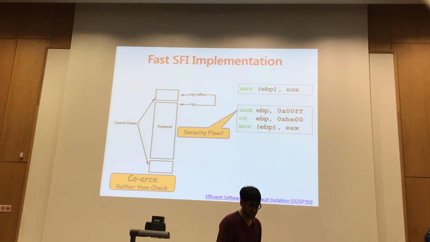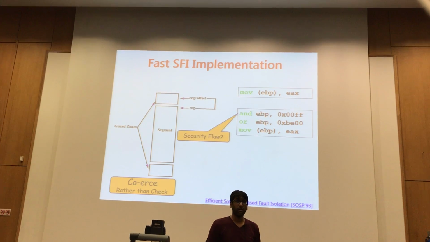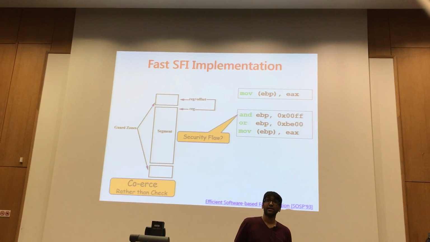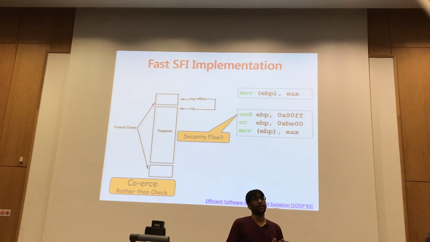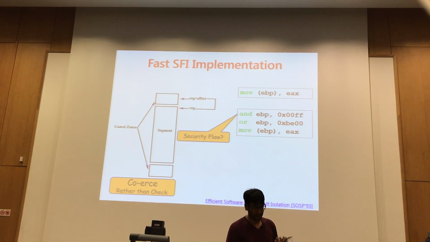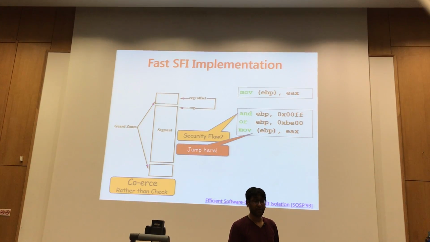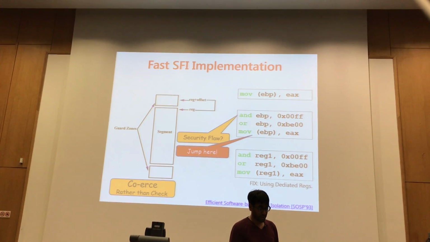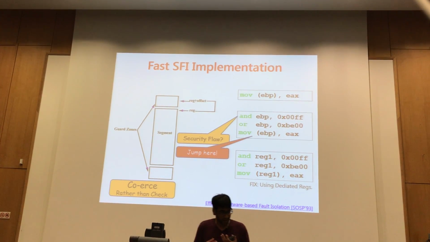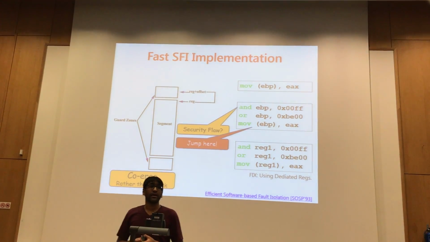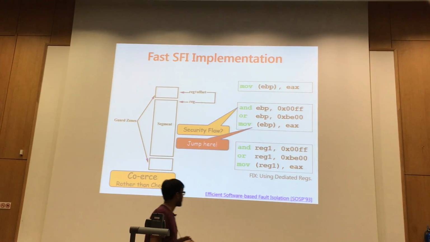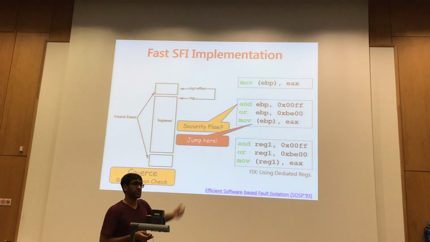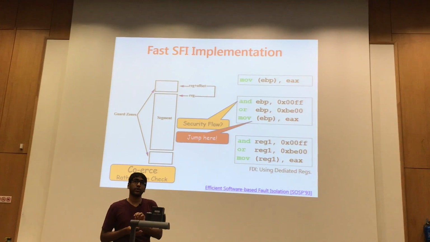So for instance, here there's a security flaw, and the flaw is that there is a check followed by the real access, but the attacker can actually jump right after the check, right at the access. To prevent this, there is a particular way of making sure that this doesn't happen. The specific way of doing that is you use a dedicated register, which has a few invariants enforced on it.